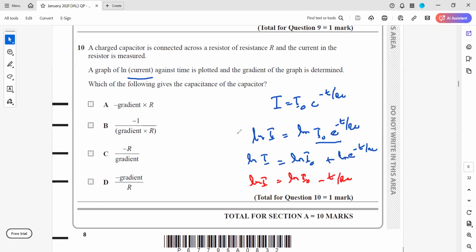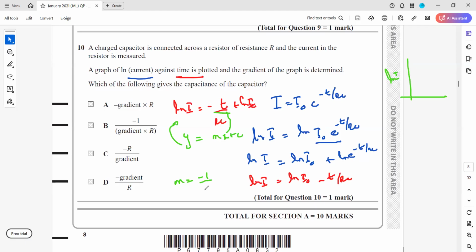If I rearrange the equation, because the graph is plotted between ln I and t, this will be ln I equals minus t over RC plus ln I naught. Then I compare with the equation of a straight line, y equals mx plus c. On the y-axis I have ln I, on the x-axis I have t. What will be my gradient? My gradient will be minus 1 over RC.